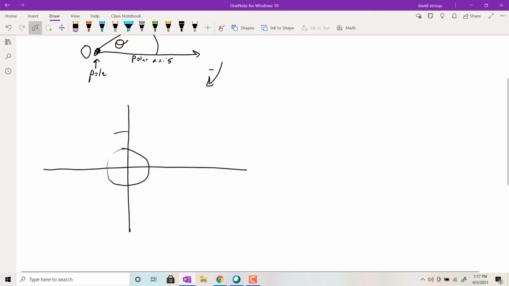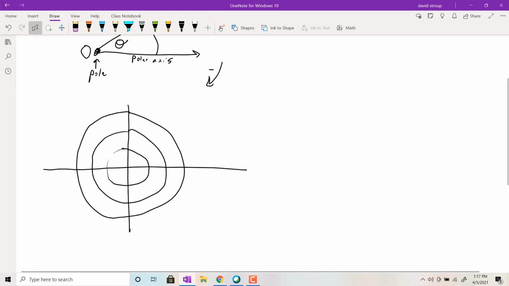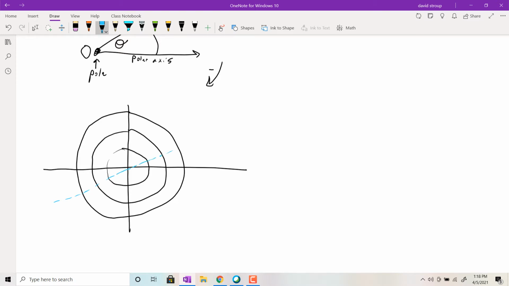Instead of a bunch of squares, we have these pizza slices. Let's put a couple circles in there, and then we have our angular arms to help us travel around this circle, or the plane, if you'd rather.